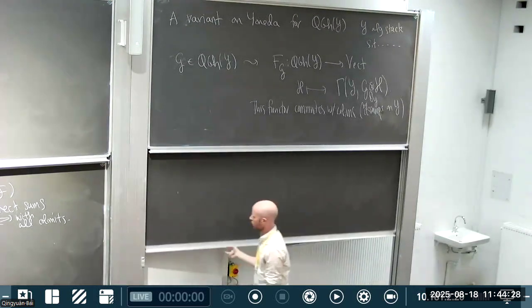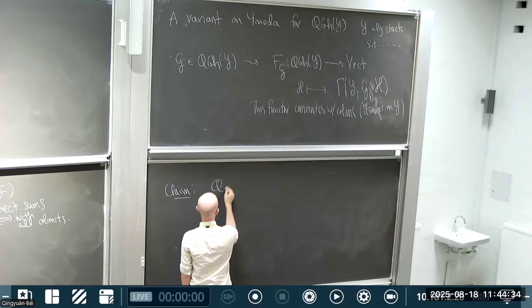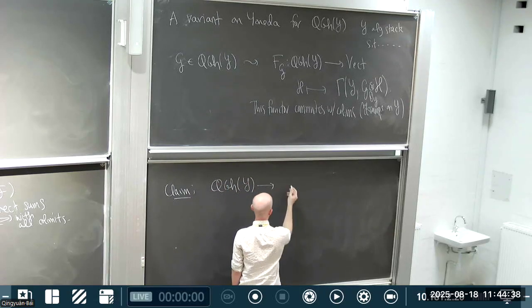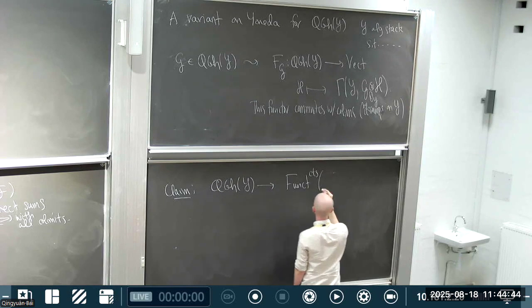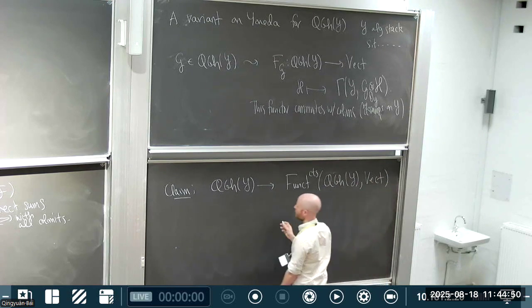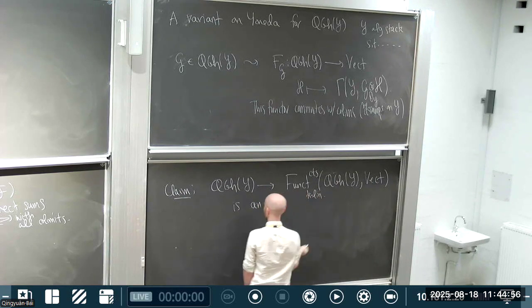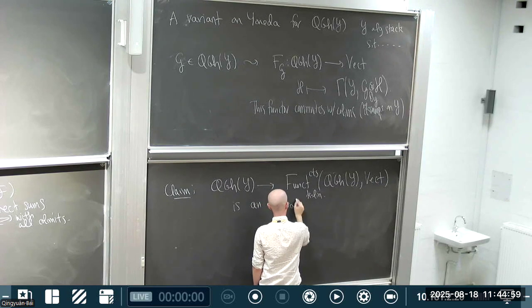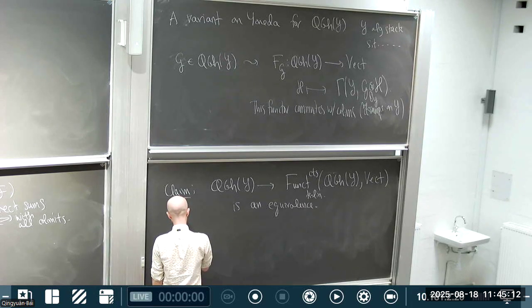And then there's a claim, which is that the induced functor from QCoh of Y to the category of K-linear functors that commute with colimits, which is sometimes called continuous, is an equivalence. Let me just briefly say my assumptions.